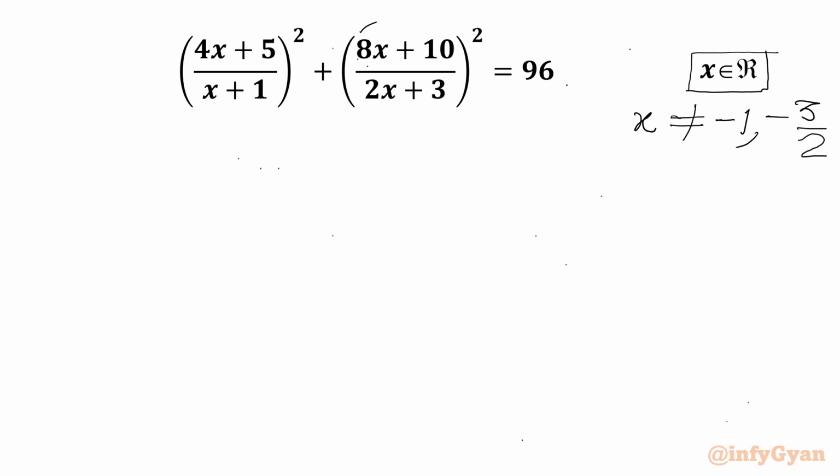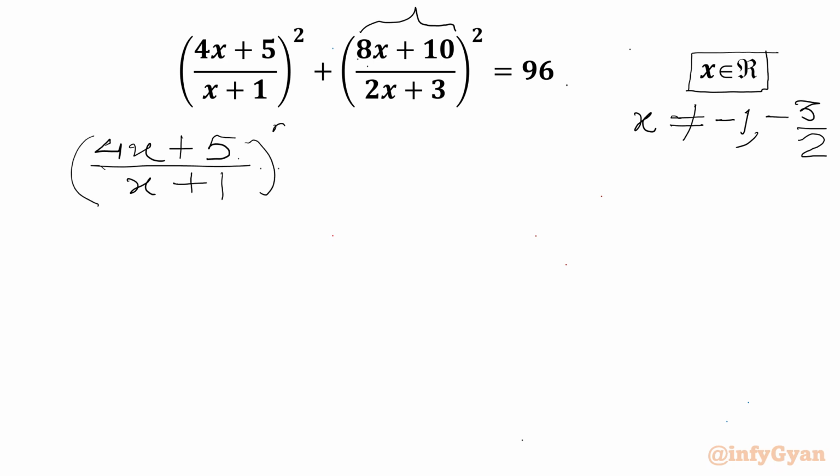Now I will take 2 common from this bracket only. Numerator bracket we will take 2 common out. So it will come out as 4. I can write 4x plus 5 over x plus 1 whole square plus 4 will be there.